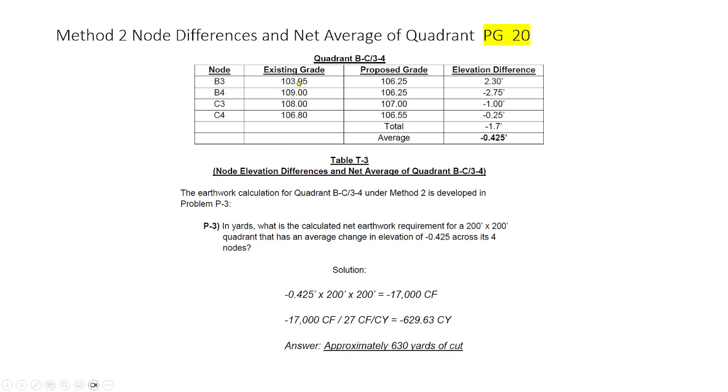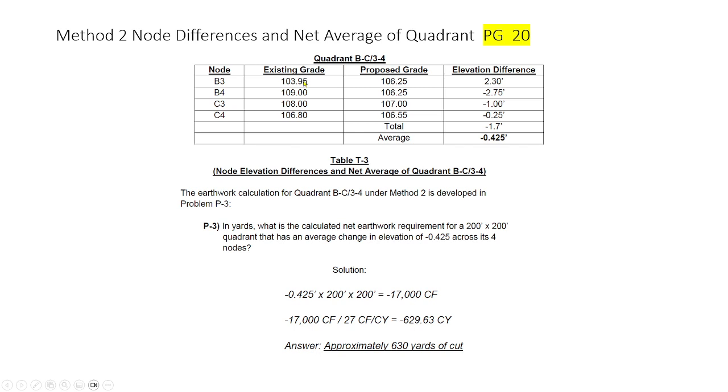If you went my way, it would show up as a fill. And honestly, if this is existing and this is proposed, to get it to this, I'm going to have to fill, right? I don't care what it says. It's indicating cut because of this.